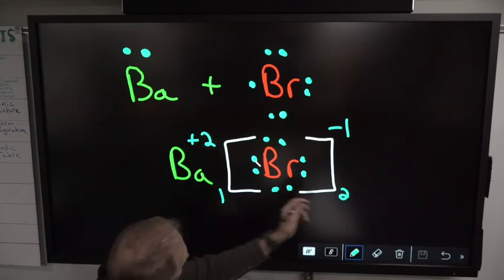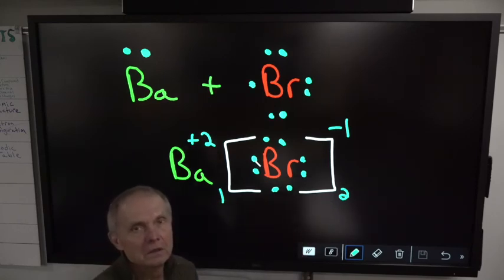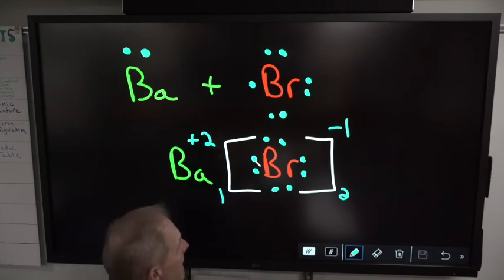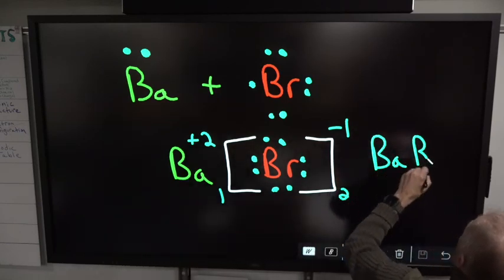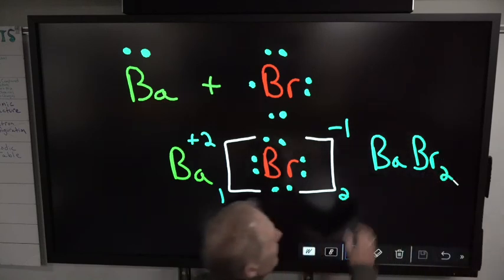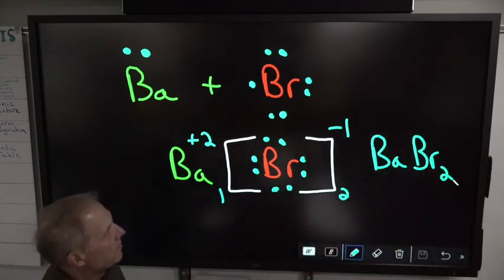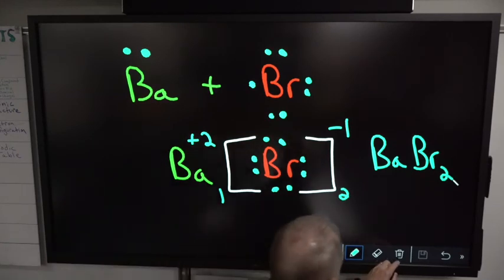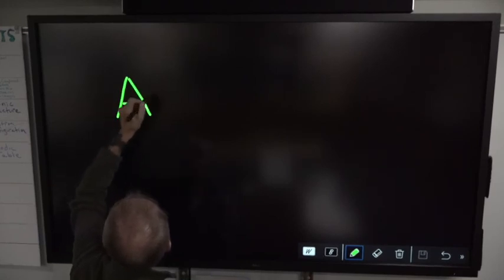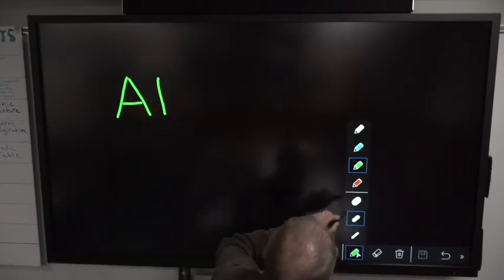So now the correct formula for this ionic compound is just BaBr2. That's what it looks like. We'll do one more. All right, so we're going to start with aluminum, and then we're going to go with oxygen.